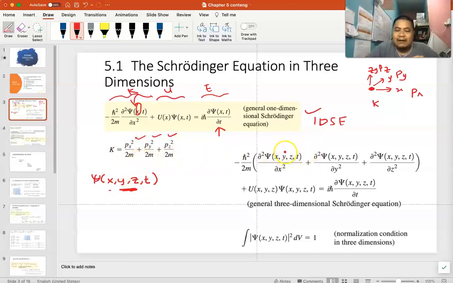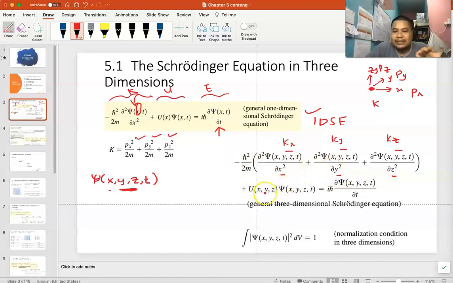So therefore we see here, this is the difference. This is for kx, this is for ky, this is for kz. The partial derivative is with respect to each component, x, y, and z. That is the first part of the Schrödinger equation, for kinetic energy.